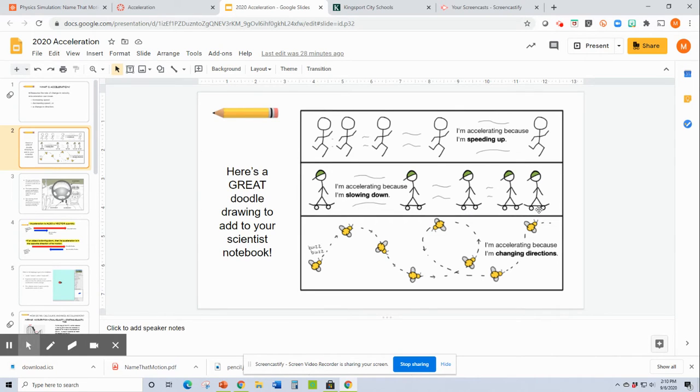We still say I'm accelerating because I'm slowing down. We'll talk about acceleration in a negative direction. And finally, here is, I don't know if that's a butterfly or a bee. It says buzz buzz, so I guess it's a bee. I'm accelerating because I'm changing directions.